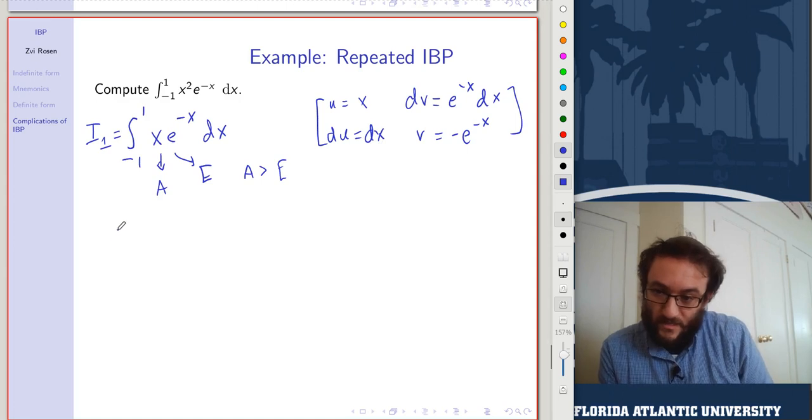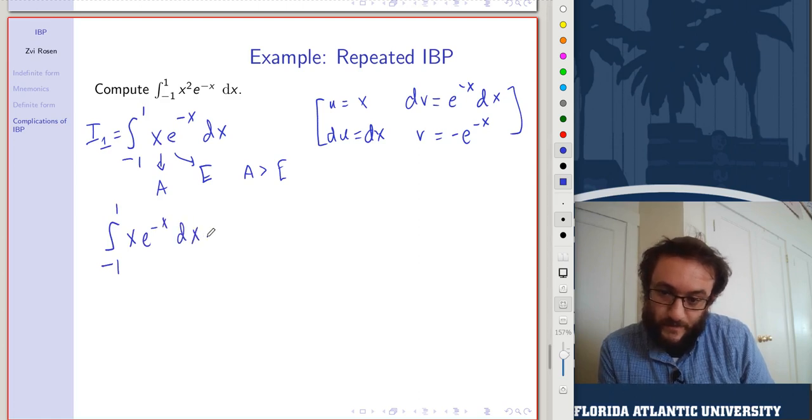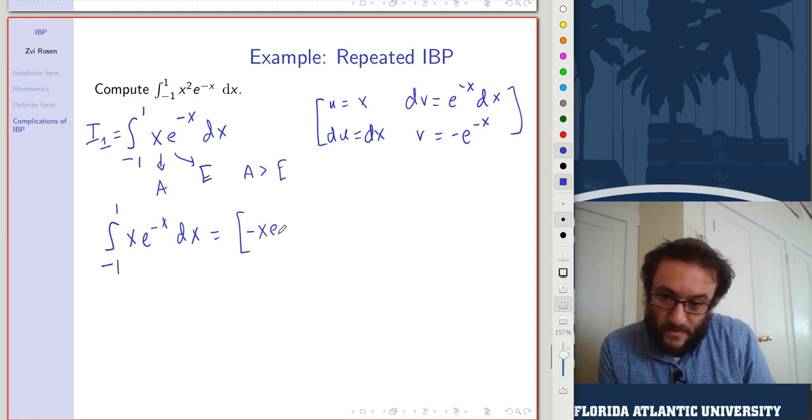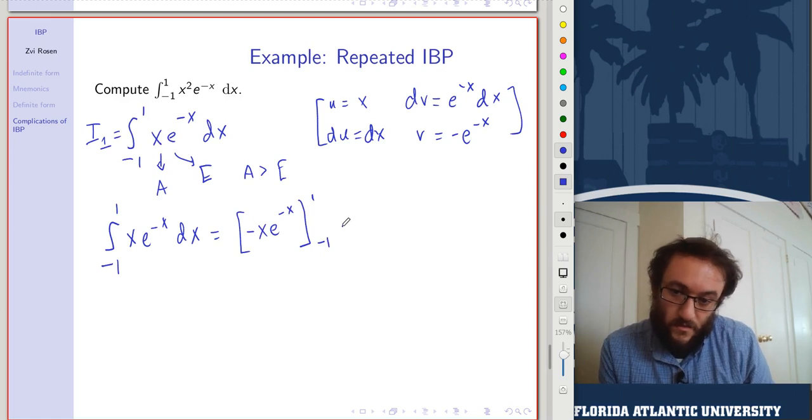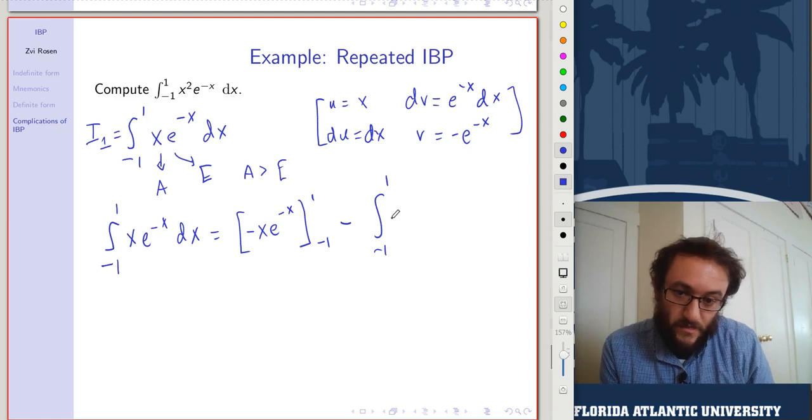Okay, plugging this into the integration by parts formula, we have the integral from minus 1 to 1 of u dv, which is x e to the minus x dx, will be equal to minus x e to the minus x evaluated at the endpoints, minus the integral from minus 1 to 1 of v du, which is minus e to the minus x dx.